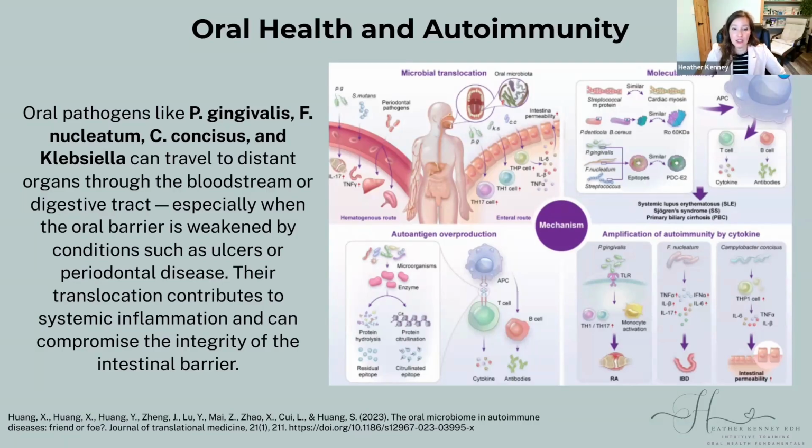So certain bacteria, when we swallow them, can excite a molecular mimicry situation, or they amplify autoimmunity and cytokines. And those cytokines will then cause an autoantigen overproduction. Diabetes is a metabolic pathway, and it's where the pancreas stops working, with an autoimmune component. So it can definitely exacerbate that for her.